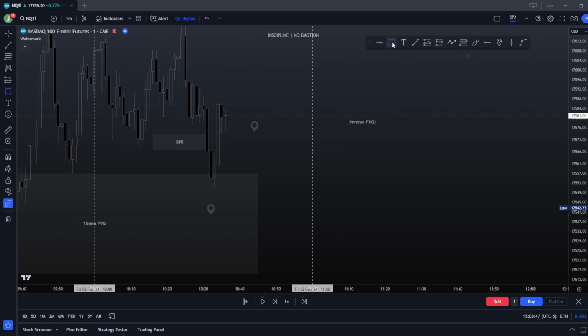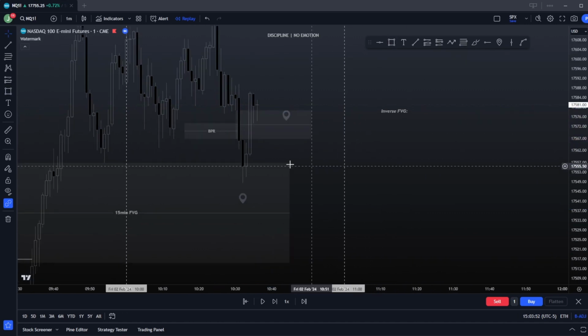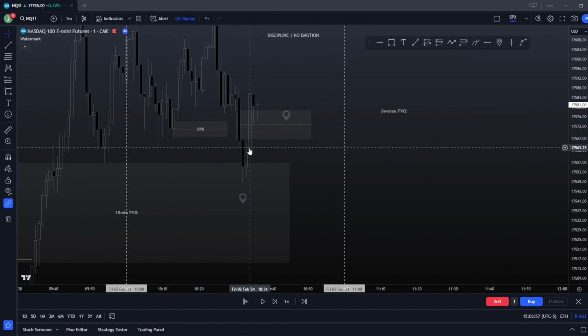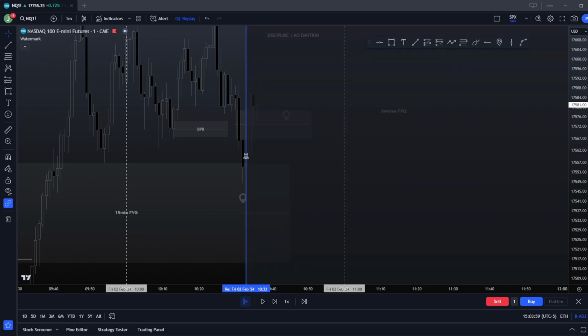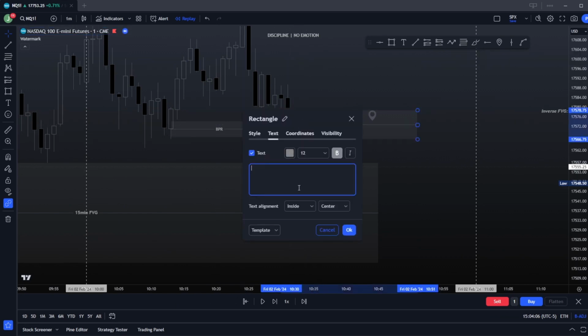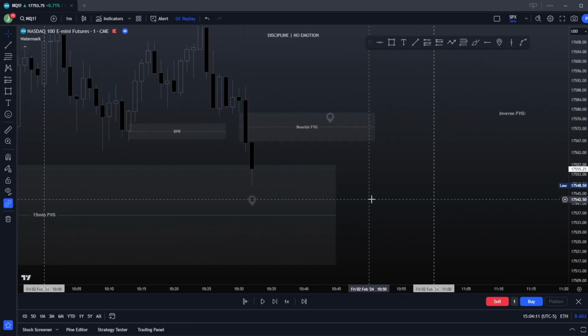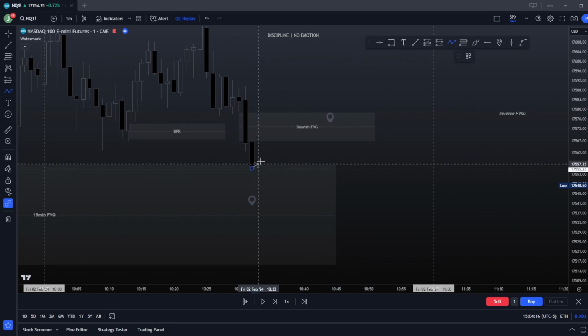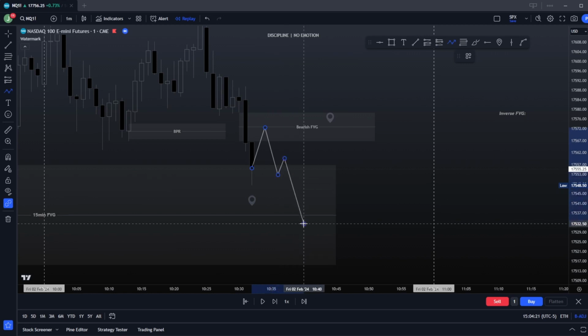Now we have two things here when we take a look back in price. Let's go back. We look back here. Remember, we had a bearish fair value gap. Now typically in a fair value gap, we look for rejection for continuation.